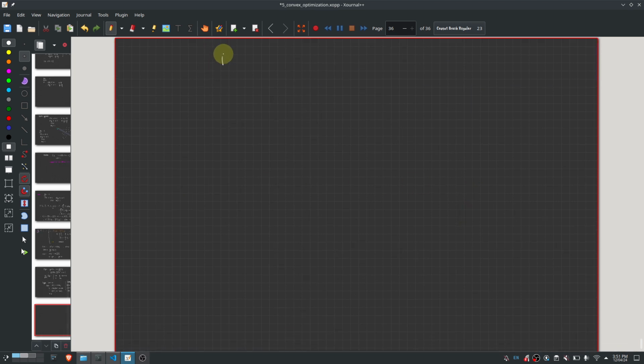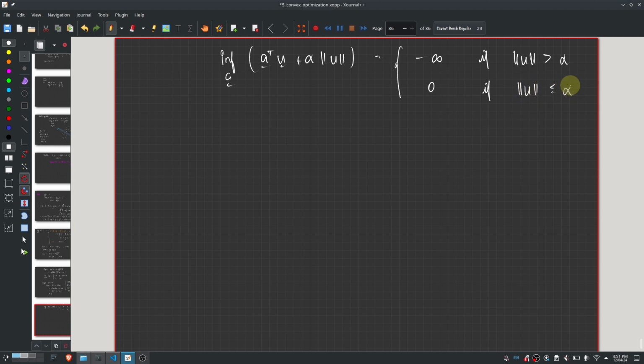So to summarize, the infimum of a transpose u plus alpha times norm of a is equal to minus infinity if two norm of u is greater than alpha, and it is equal to 0 if two norm of u is less than or equal to alpha.